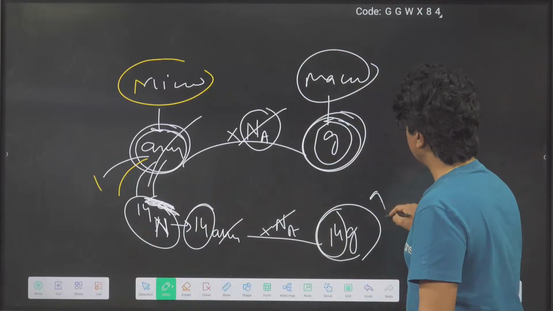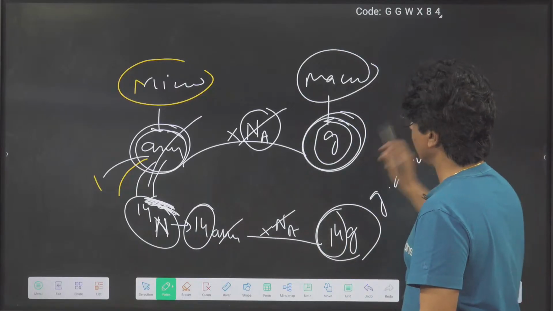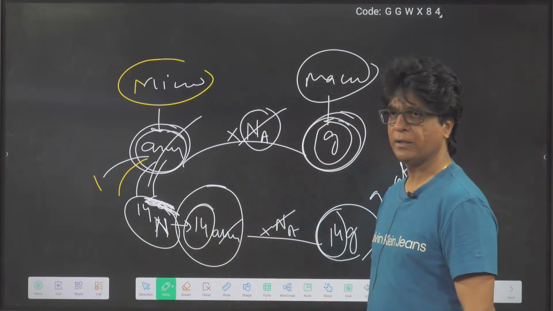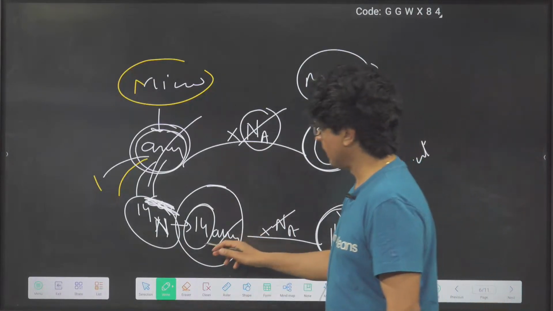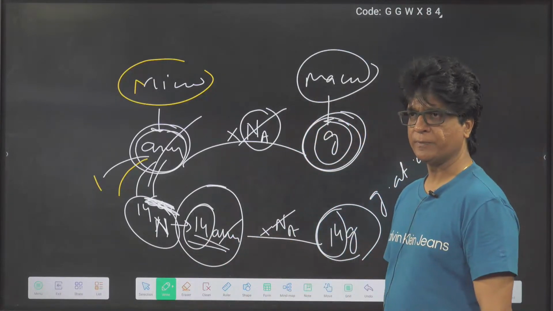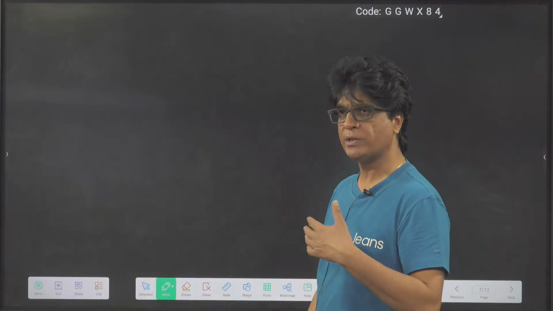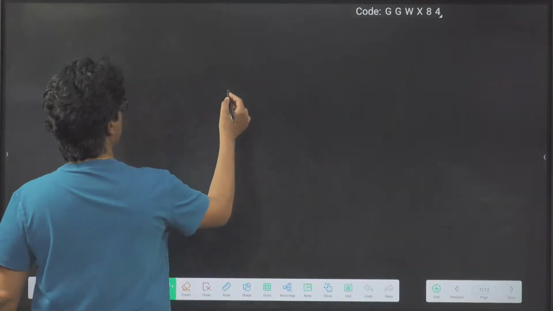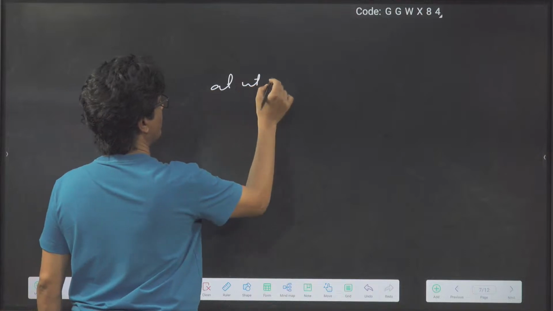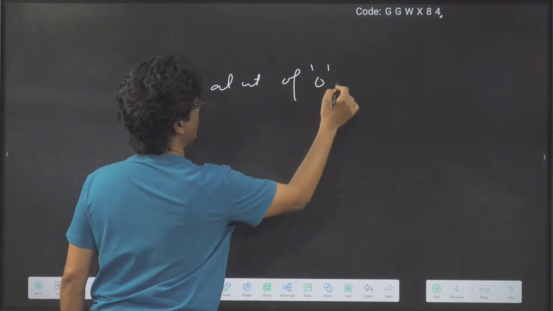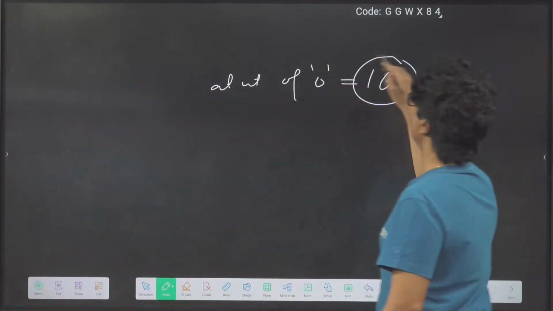This is called gram atomic weight and this is simply called atomic weight. Are you getting it? That is in terms of microscopic nature. So you must have seen some questions earlier as well. They may say that the atomic weight of oxygen is 16.